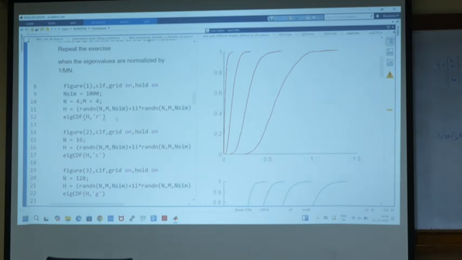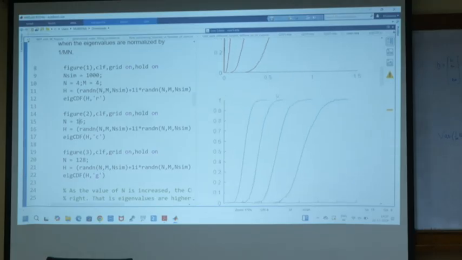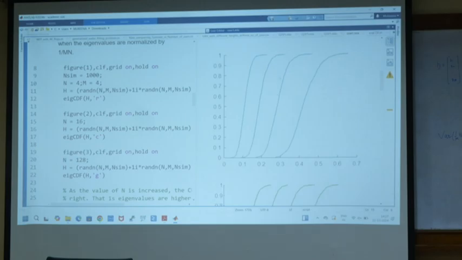Okay, is this part okay? Now similarly, I chose n equals 16 and plotted it here. So here m equals 4, n equals 16. The total number of eigenvalues is minimum of m comma n, that is 4, so I have 4 lines here. Here you see the values are a little bit different.